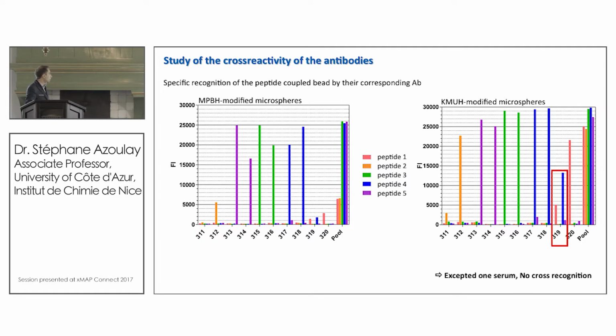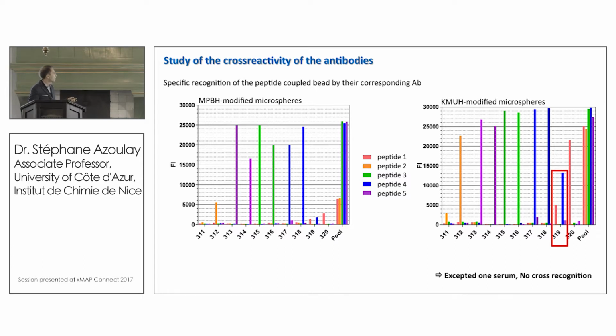Fortunately, there was only one, and we don't know why, but it's like that when you produce antibody. There was one that can cross-react with another peptide. All our antibodies were specific for their own peptide. As you can see, in each series there is only one which recognizes the bead.